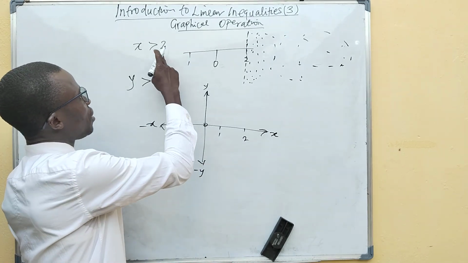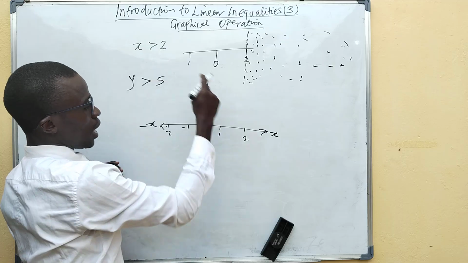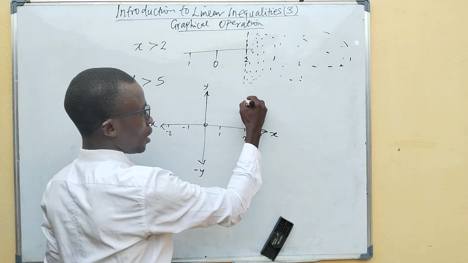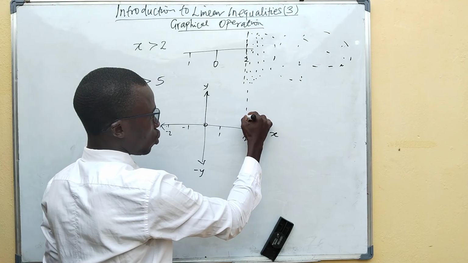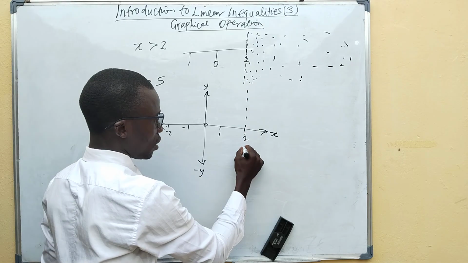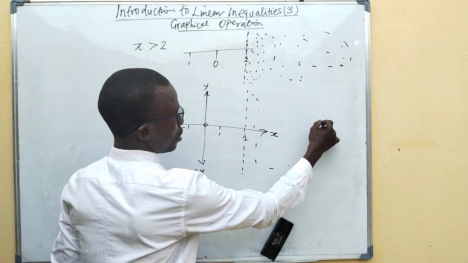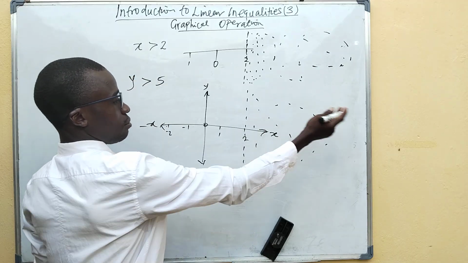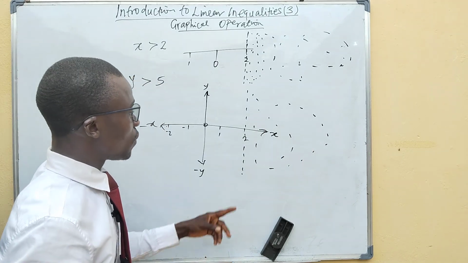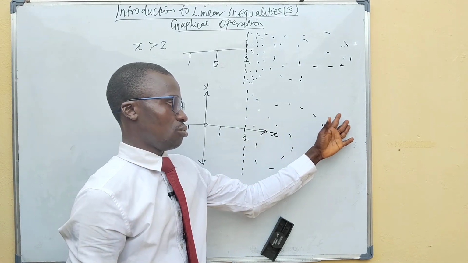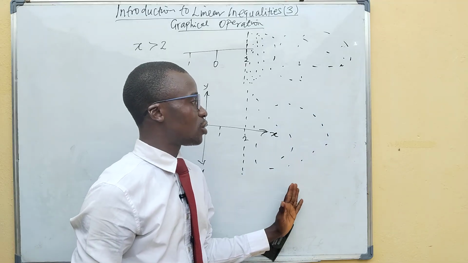The first one is the one I represented here. I am just trying to show you how it relates to the first one. Then you can go ahead and shade as much as you can. The part I'm shading is greater than 2.